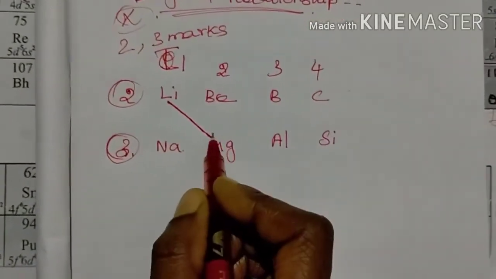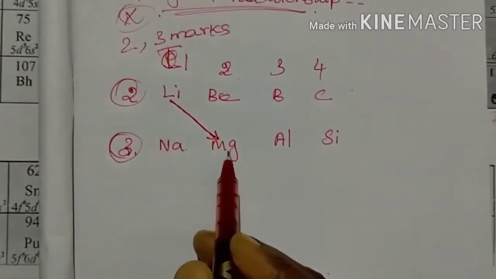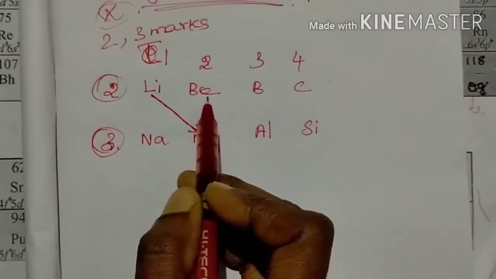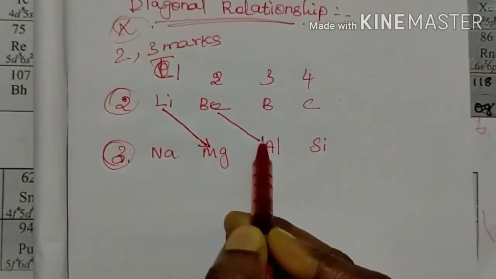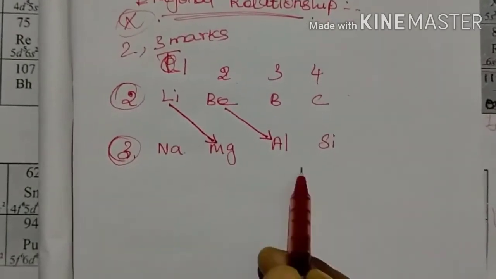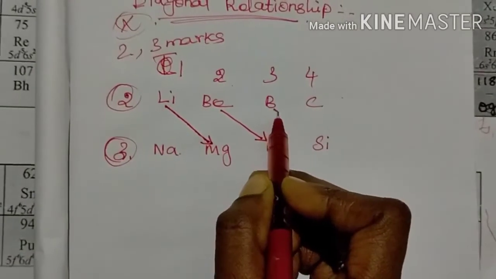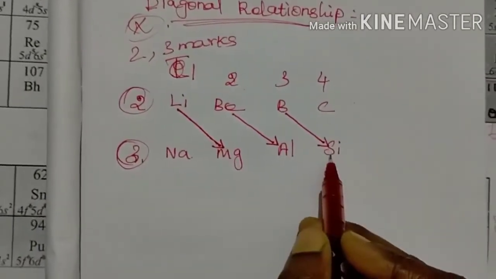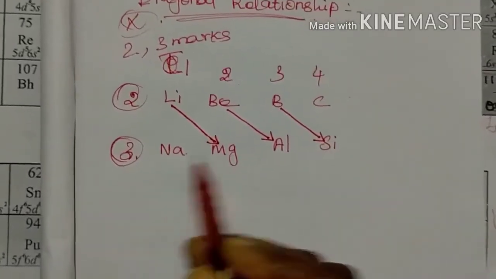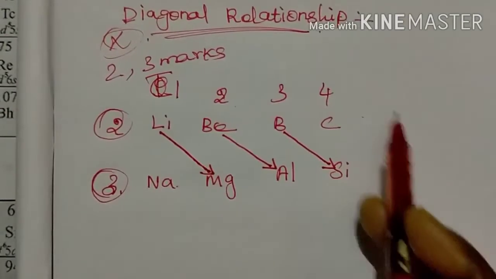The characters of lithium are similar to magnesium, so they are diagonally placed in the modern periodic table. The character of beryllium is similar to aluminium, which is in the third period. And the character of boron from the second period is similar to silicon, which is present in the third period.